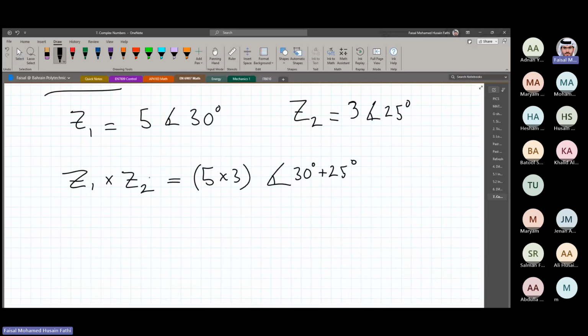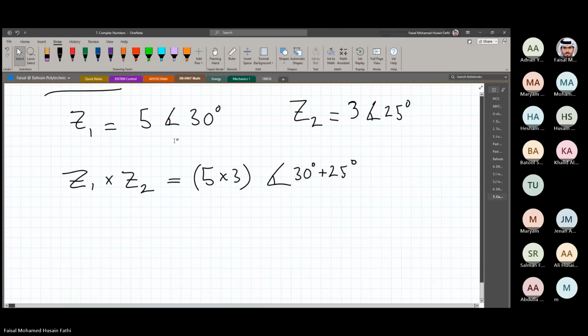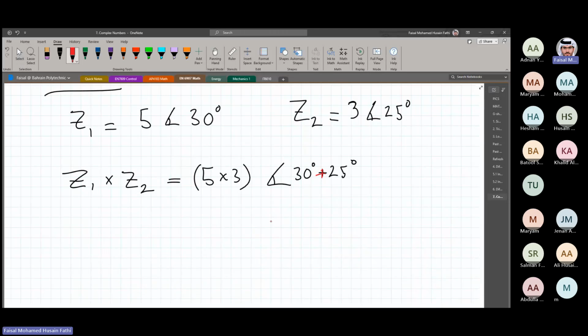So theta's from positive x-axis and rotates anti-clockwise. You are correct, 100%. Yes. Always from the positive x-axis and rotates anti-clockwise. And then, so Z1 times Z2, you're going to multiply the magnitudes and you will add the angles.